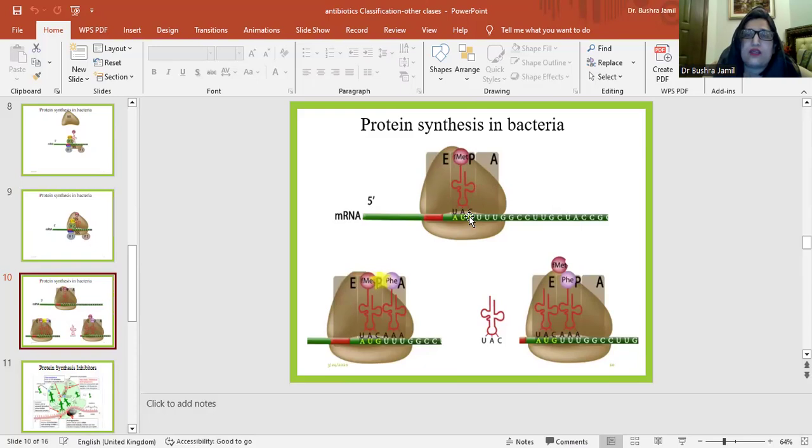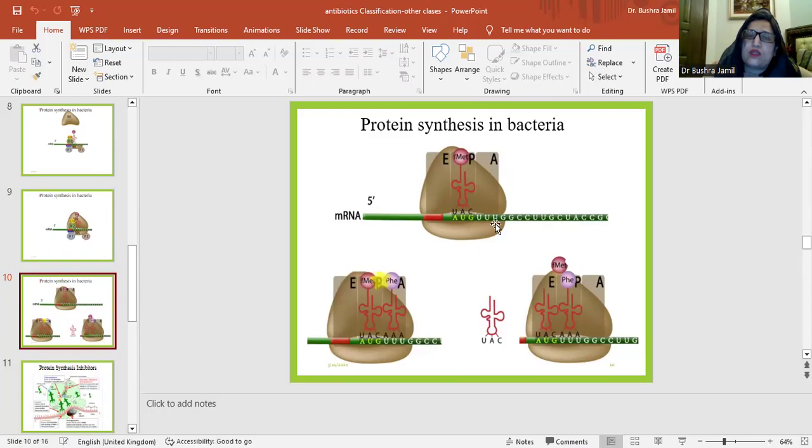Now the transfer RNA brings the anticodon to this codon present on the messenger RNA. So you can see the next codon is U, so the anticodon should be A. Now the transfer RNA carrying the amino acid will enter the A site.